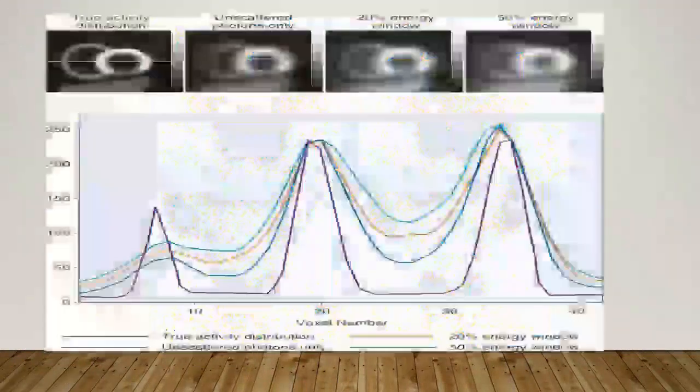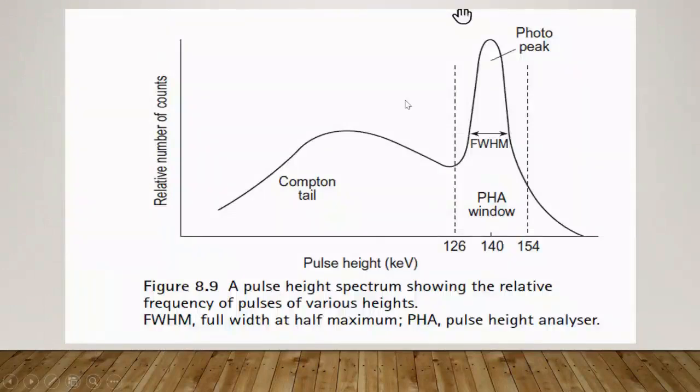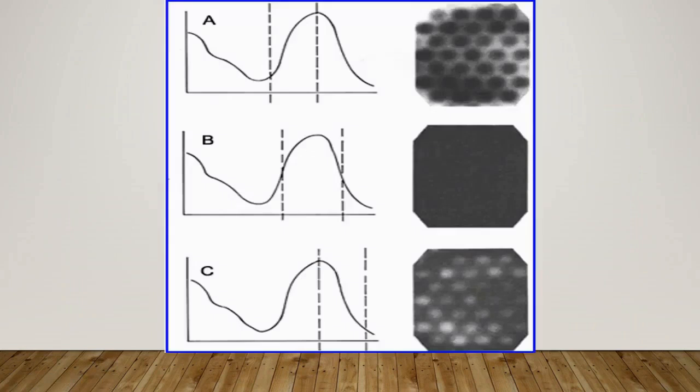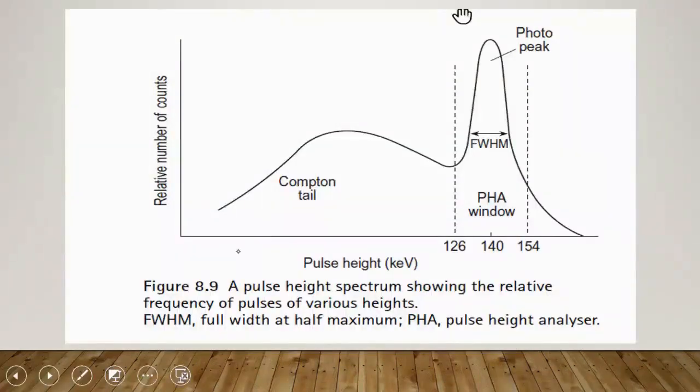What is this problem? In this specific curve, we adjust a parameter called the window, which means I want to take 20% at the photopeak area, which is 140 keV.